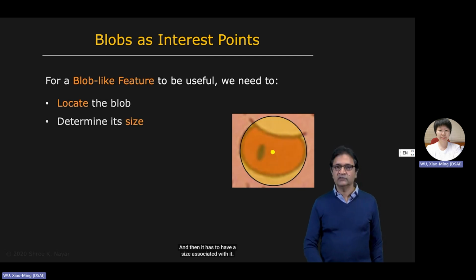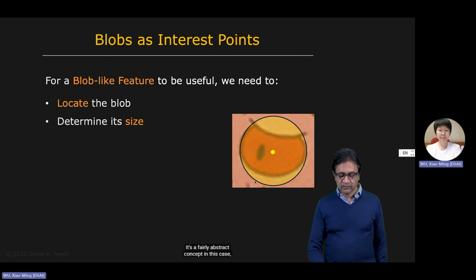And then it has to have a size associated with it. Size, again, is a very interesting concept in this case. It has nothing to do with edges or boundaries of the appearances or the various visual artifacts that you see inside of the blob. It's just the rough scale of this appearance itself.